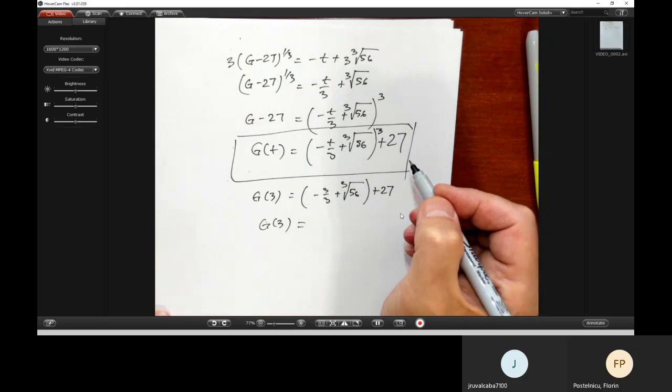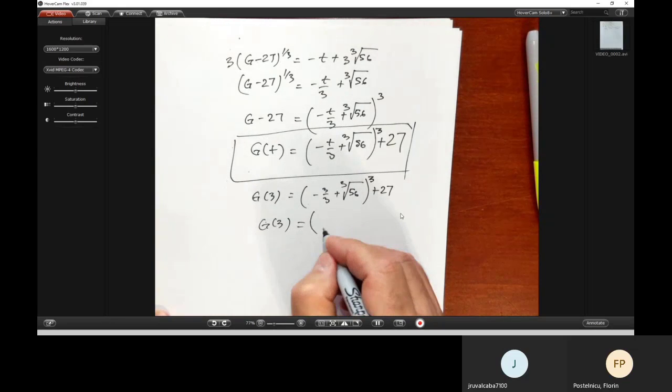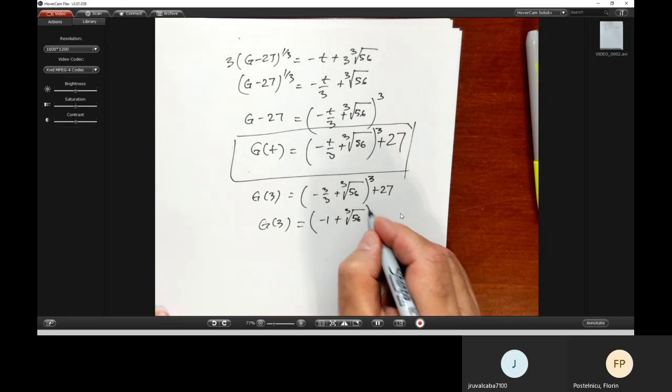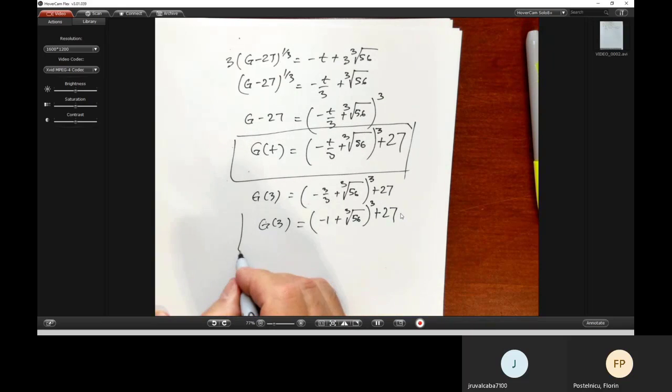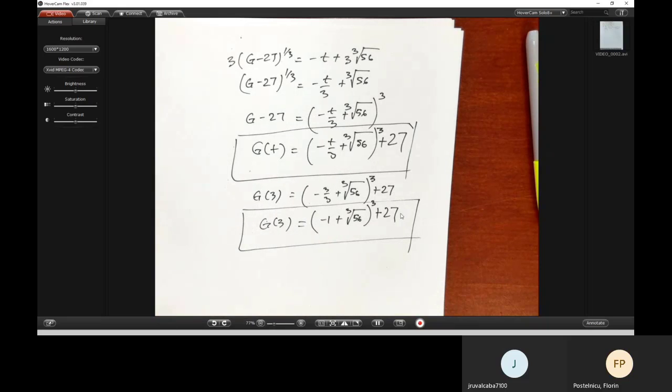Again, another correction right there: the cubic root of 54 plus 27. So please, this should be the real temperature if that function g describes accurately the evolution of the internal temperature of the potato.